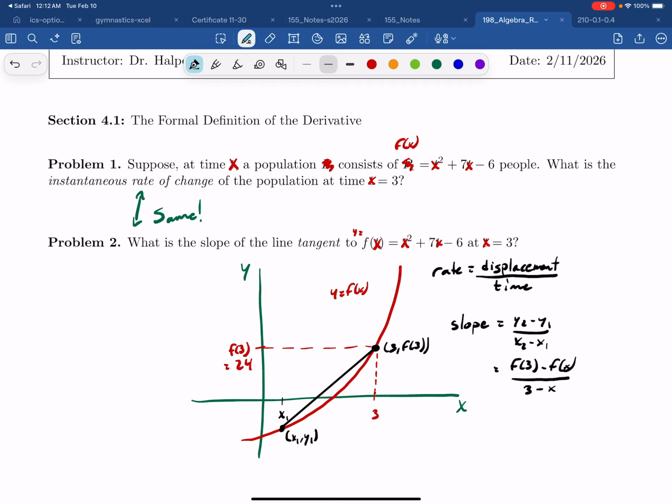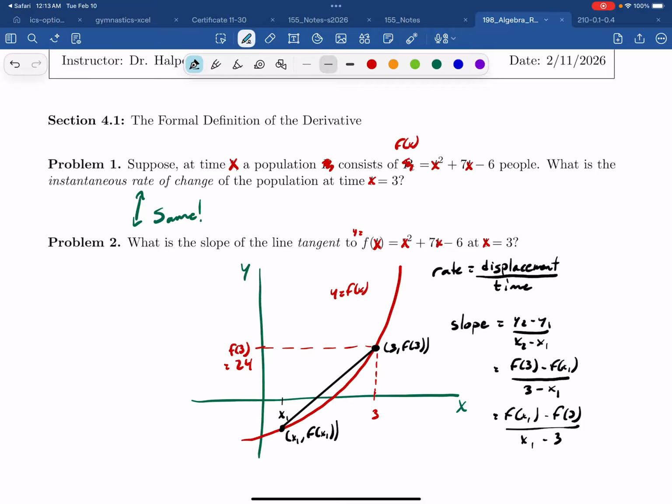Sorry, instead of calling this x1, y1, I'll call this x1, f of x1. Okay. So I just did this y value minus that y value over this x value minus that x value. And I suppose we could write this the other way too. We could write this as f of x1 minus f of 3 all over x1 minus 3. Okay?